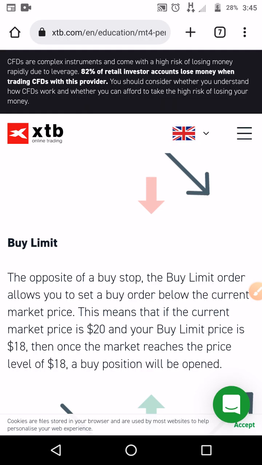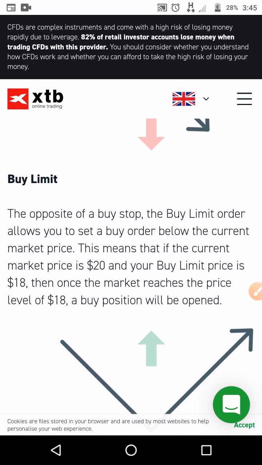Buy limit is the opposite of buy stop. I don't want to confuse you right now, but buy limit allows you to set a buy order at a particular price which is below the market price.